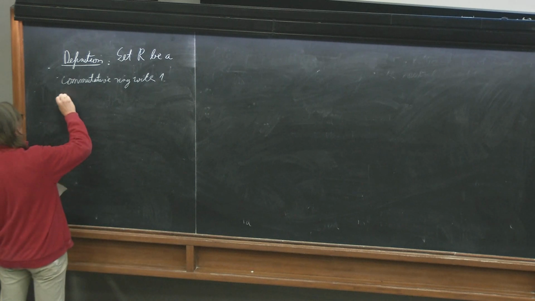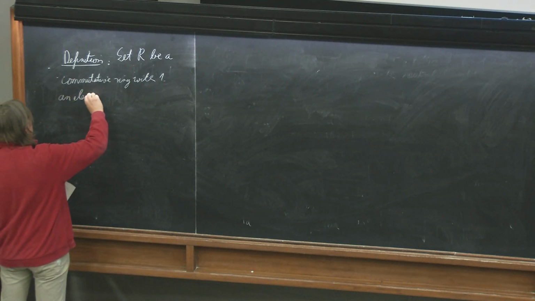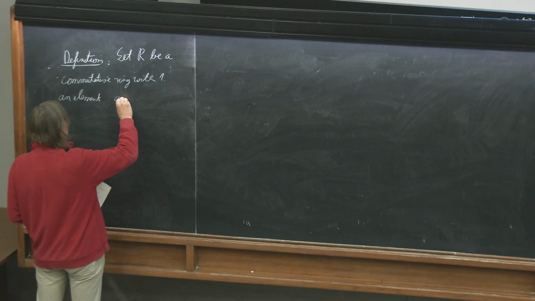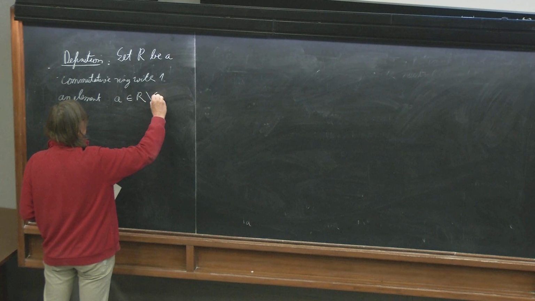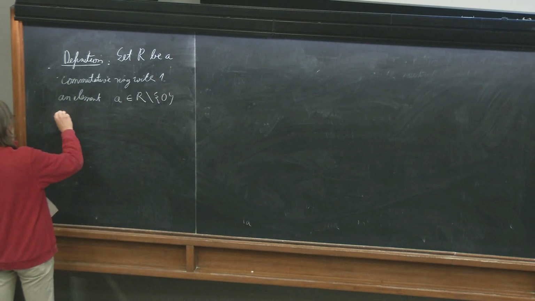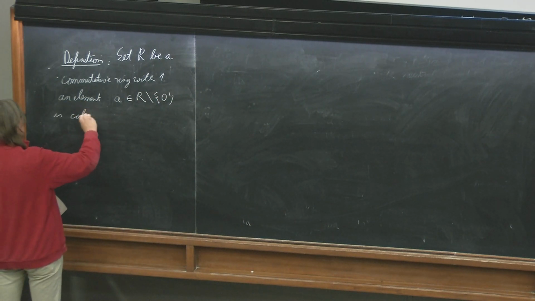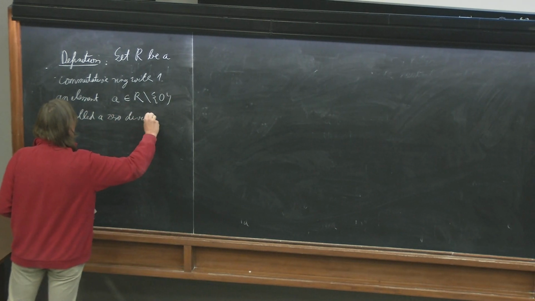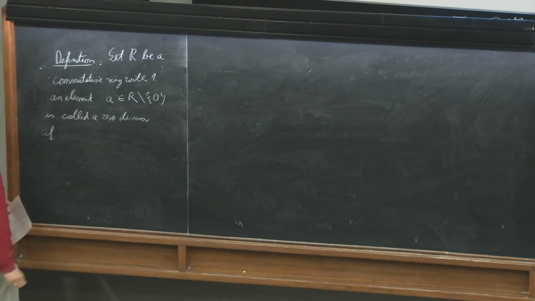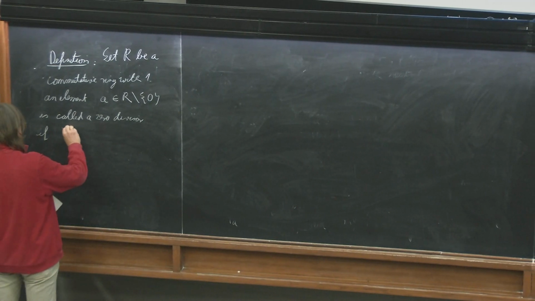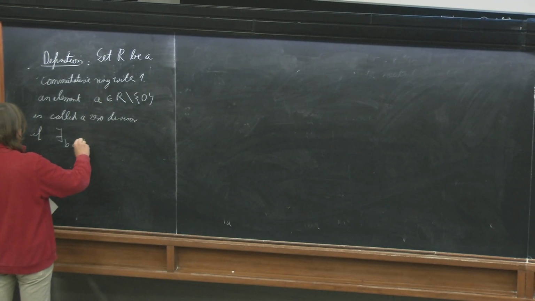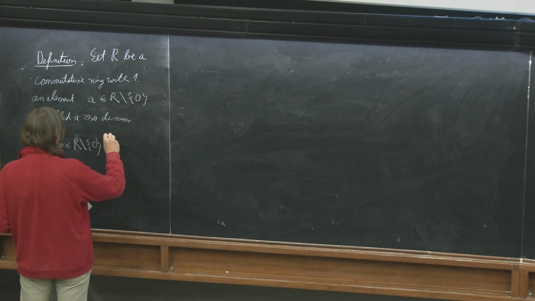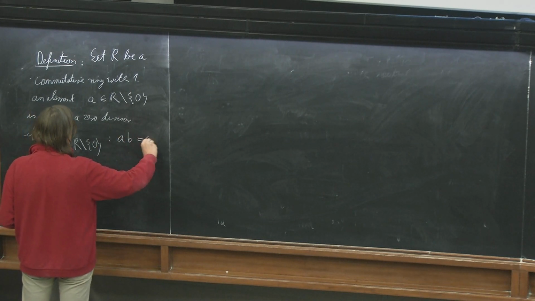So an element A in R, which is not the 0 element, is called a 0 divisor if there exists another non-zero element B such that A times B is equal to 0.